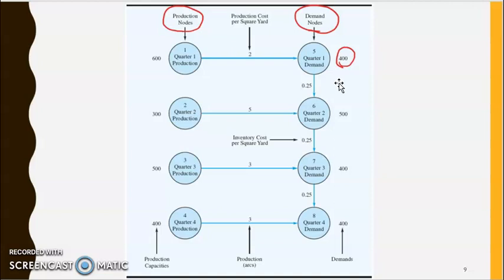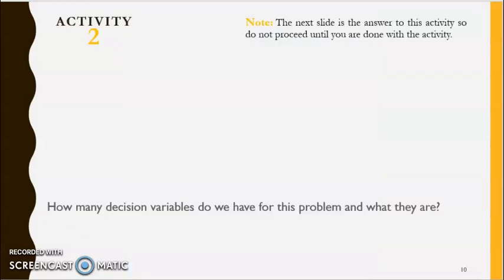For example, x15 and x56, what would be the explanation for those ones? Okay, and now here we have activity 2 that says how many decision variables do we have for this problem and what they are. Pause the video, do your best.